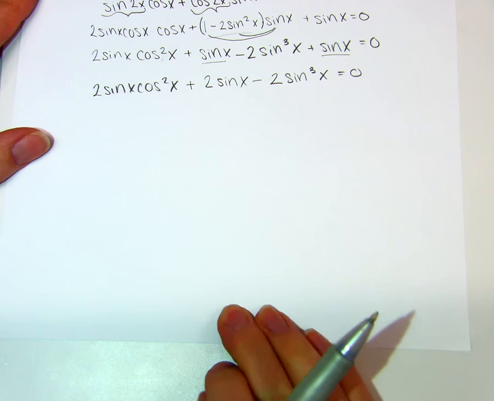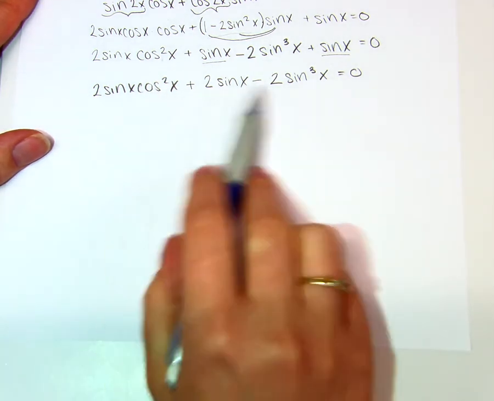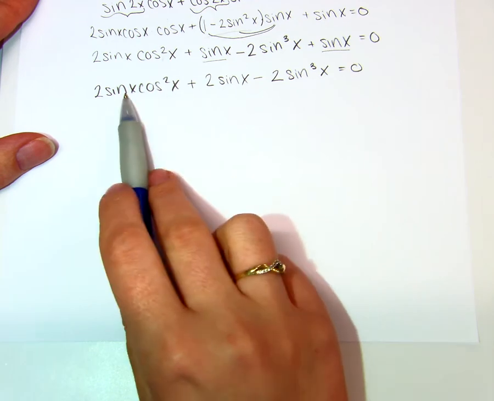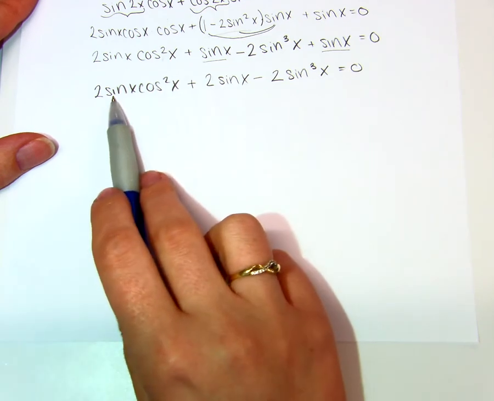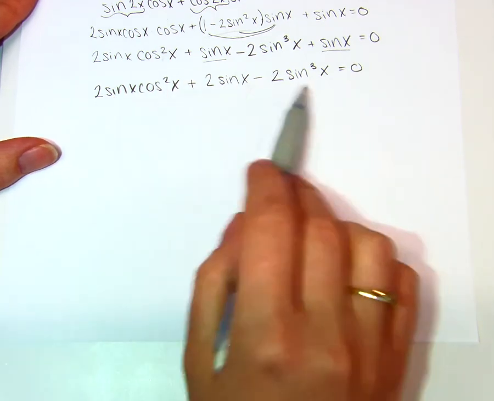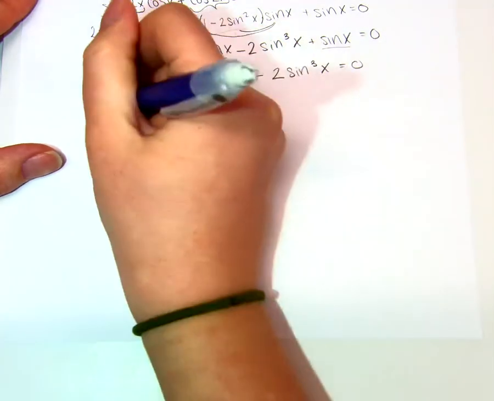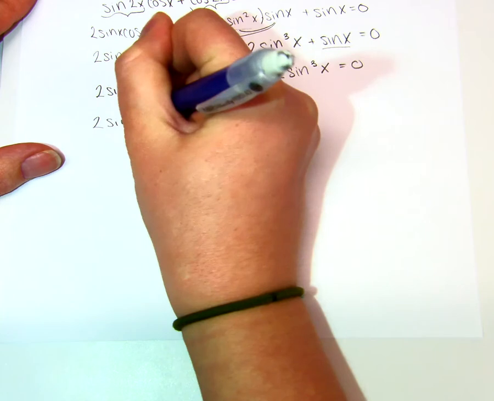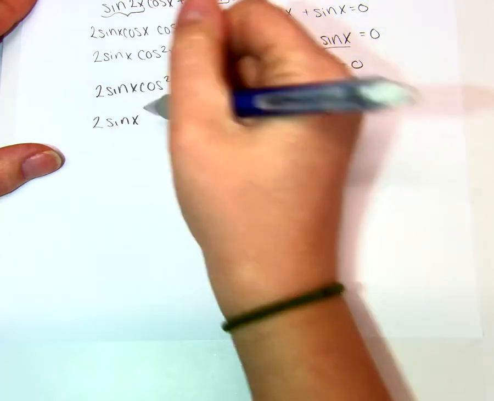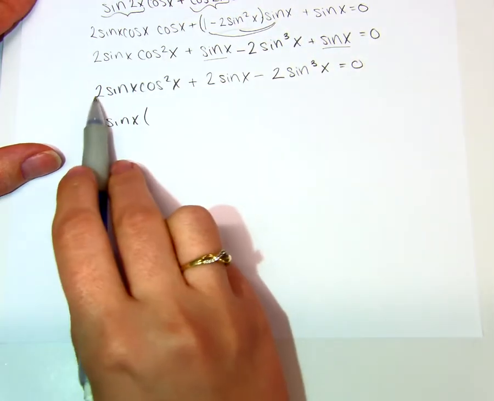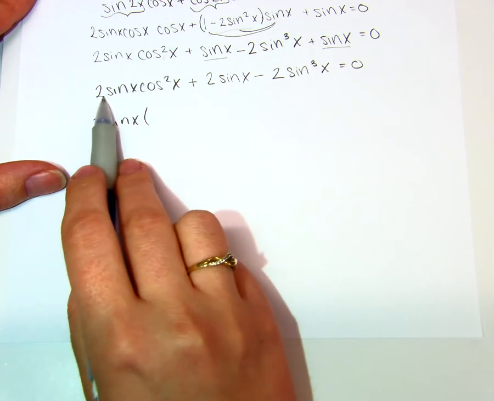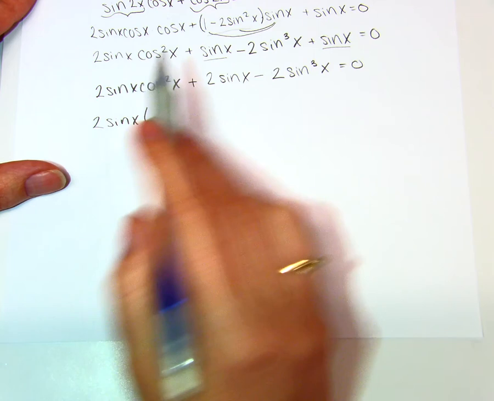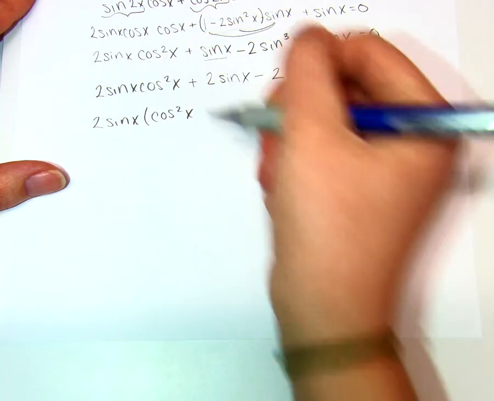So now I have to figure out what I can do to break this apart. If I'm looking at it, I have a sine in each that I could take out, and I also have a 2 in each quantity that I could take out. So if I take out a 2 sine x, I'm factoring it out. So I'm kind of dividing it out. That's what factoring is. If I factor out a 2 sine x out of my first term, I'm just going to have my cosine squared x left.